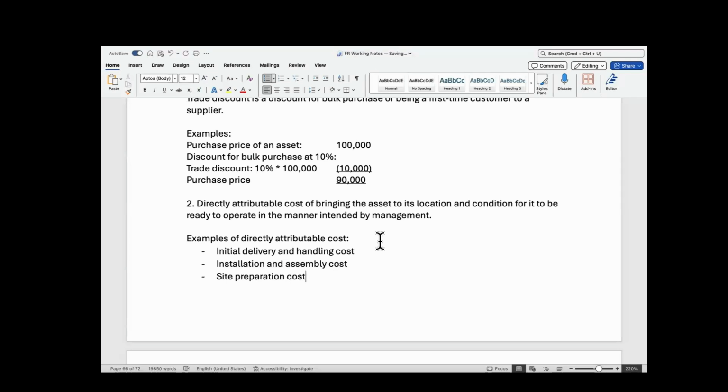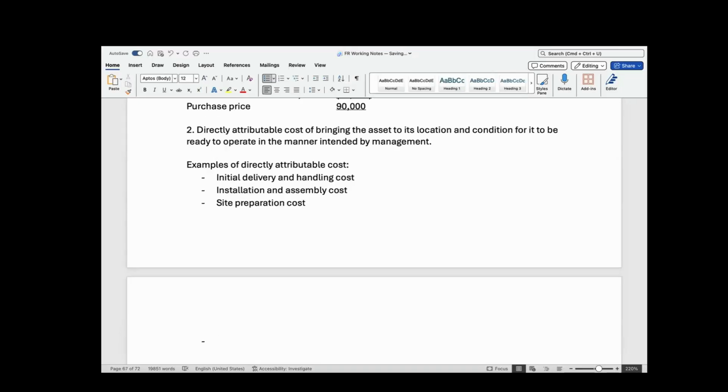If it's an asset where you have to do a base, or a shelter, or a land that you just acquired that you have to clear before you start building on it, site preparation costs are also usually capitalized. They are directly attributable costs.